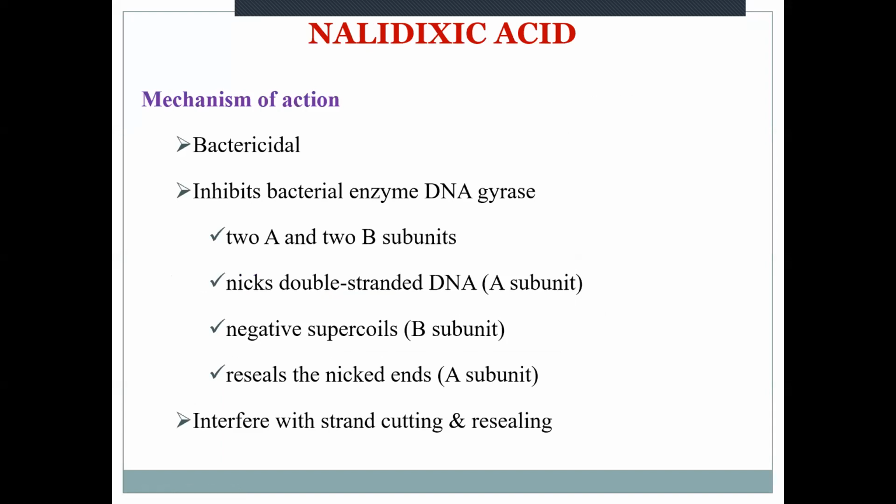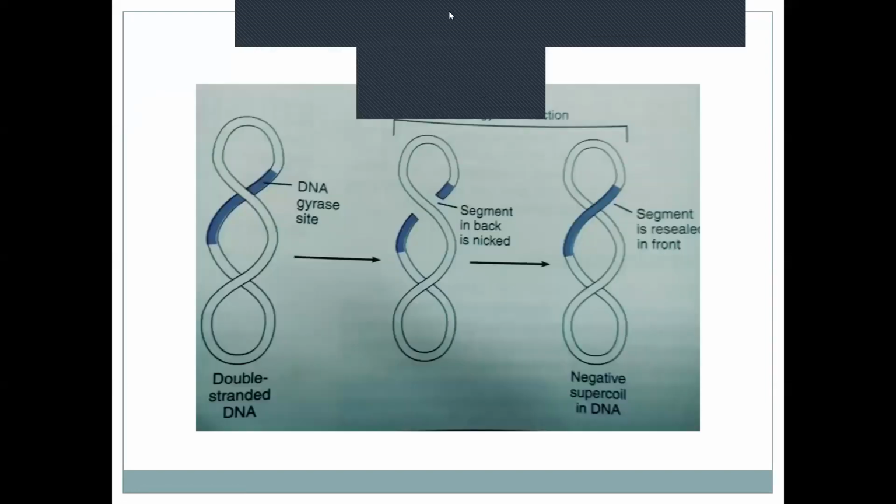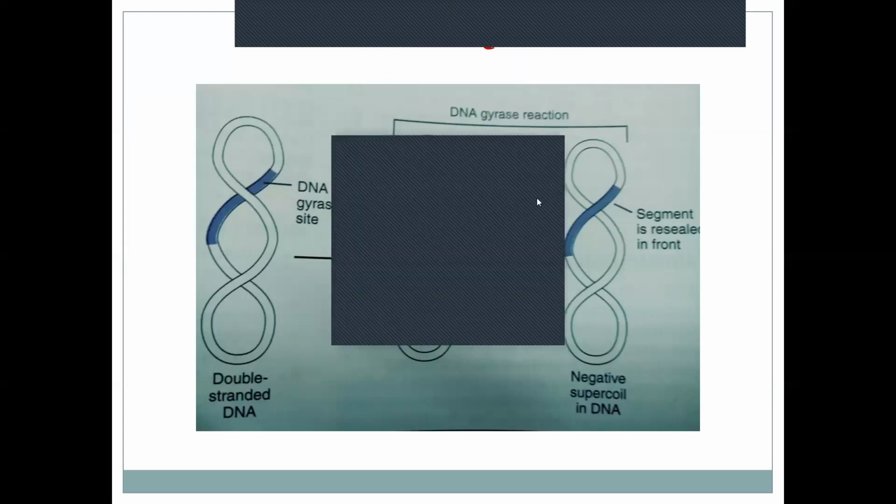Before going to the limitations, I will just brush up the mechanism of action. What is the mechanism of action of these quinolones, that is nalidixic acid? It is bactericidal and it inhibits the bacterial enzyme DNA gyrase, interfering with DNA strand cutting and resealing in the manner shown here.